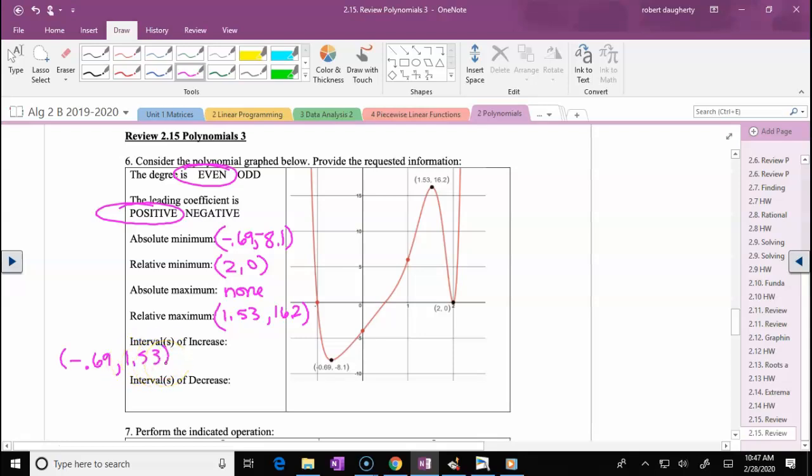So that is an interval of increase. The next interval of increase is going to be from 2 to infinity. Intervals of decrease. I decrease from negative infinity to negative 0.69. The next place that I decrease is from 1.53 to 2.